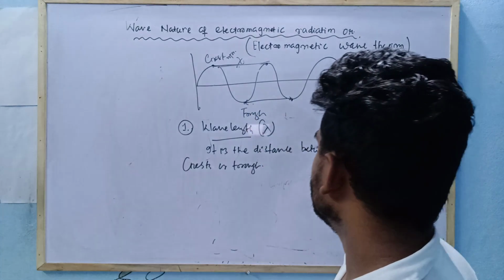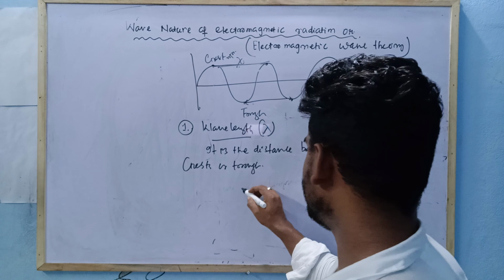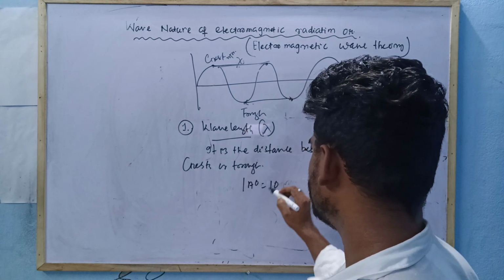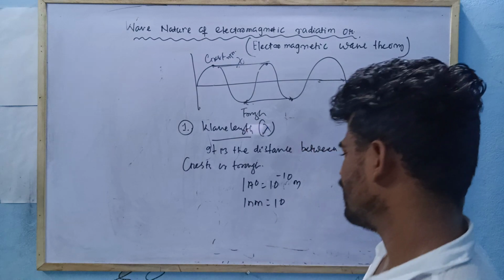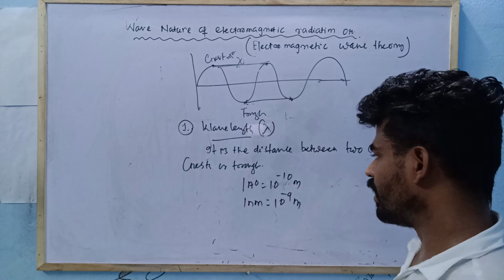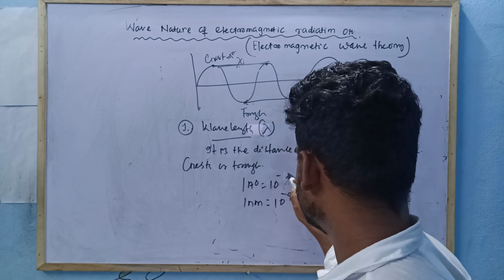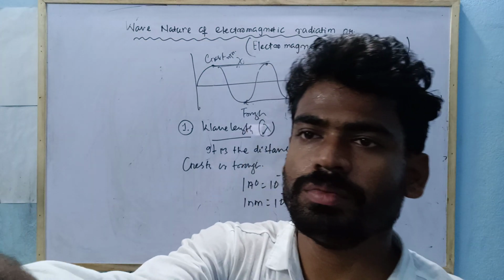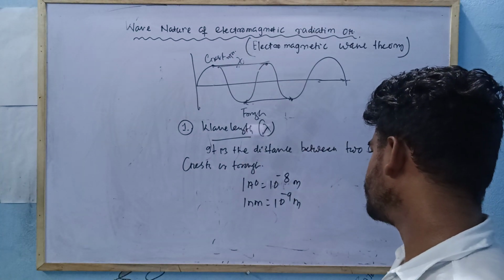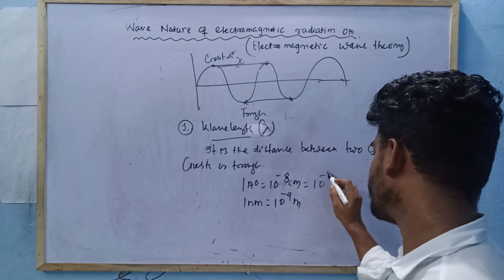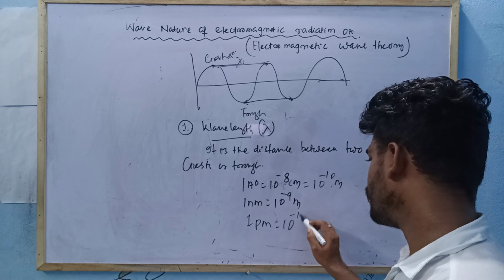Since it is a measure of distance, its unit can be the angstrom. 1 angstrom is 10 to the power minus 10 meter, and 1 nanometer is 10 to the power minus 9 meter. 1 angstrom is 10 to the power minus 8 centimeter, that is 10 to the power minus 10 meter. 1 picometer is 10 to the power minus 12 meter.